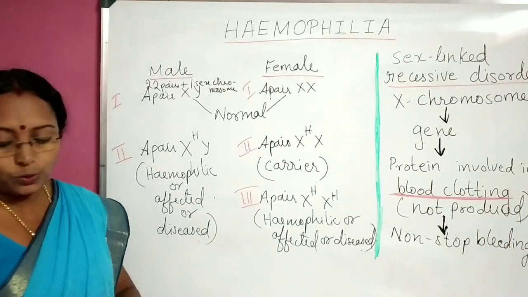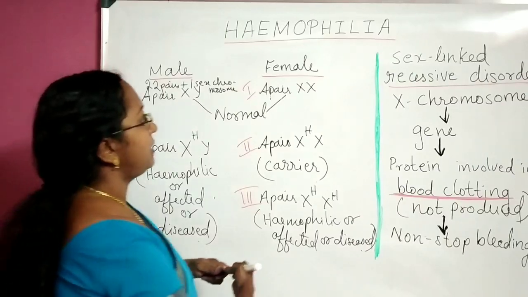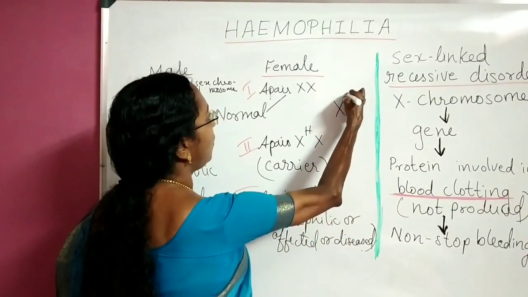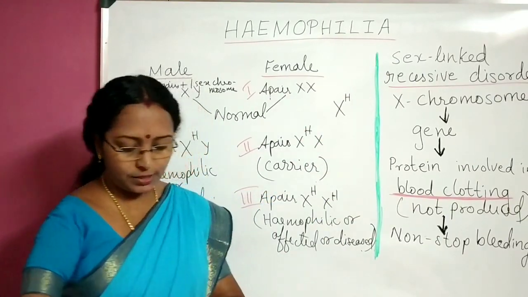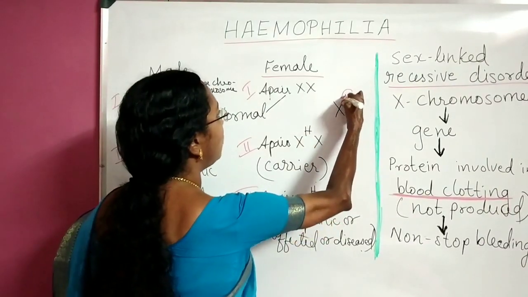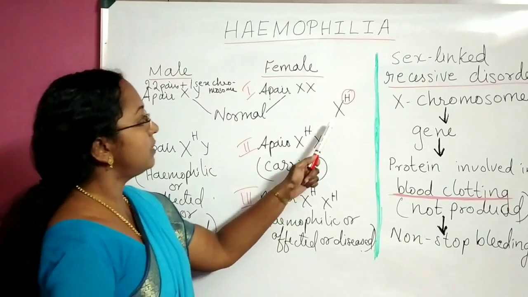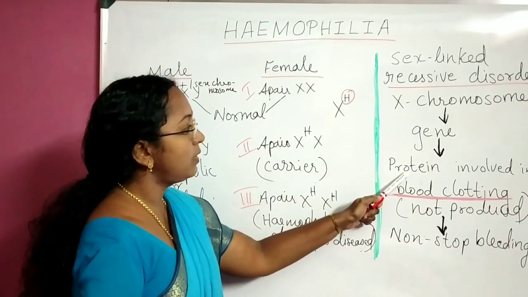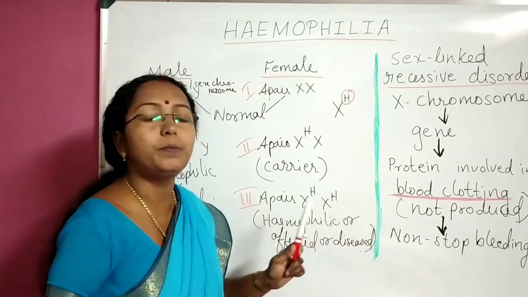Now in order to show that abnormality, I can simply write it like this: if I put X and on the top of X I put H, XH. When I am writing XH, on the top of X I have written H. That means in this X chromosome, the gene involved in the production of the protein for blood clotting is not produced.